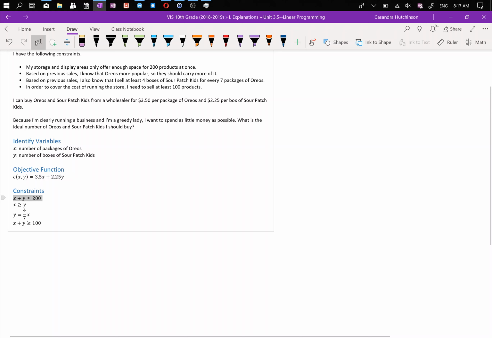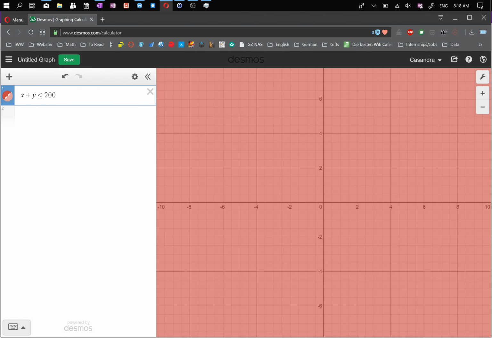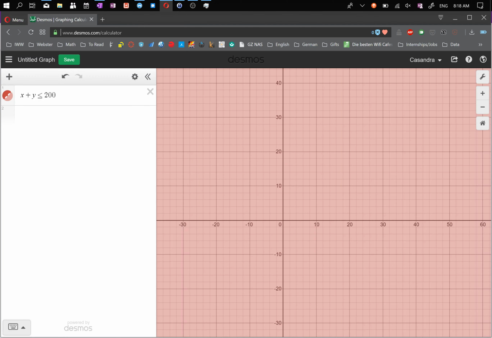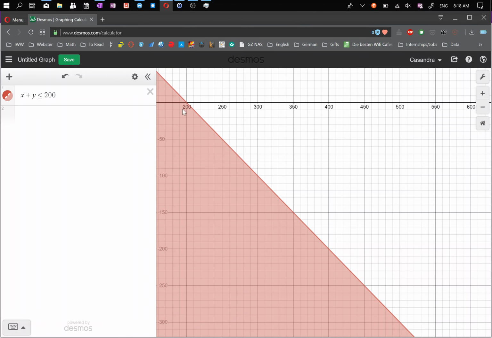So I will copy this. I'll go to Desmos, and that paste didn't work at all. Nope, so I guess I'll type it. x plus y is less than or equal to 200. That looks crazy, probably just a zoom. So if we zoom out, yeah, we can see it's fine.